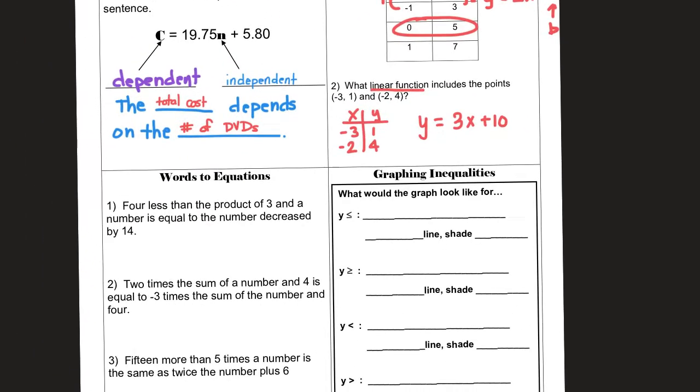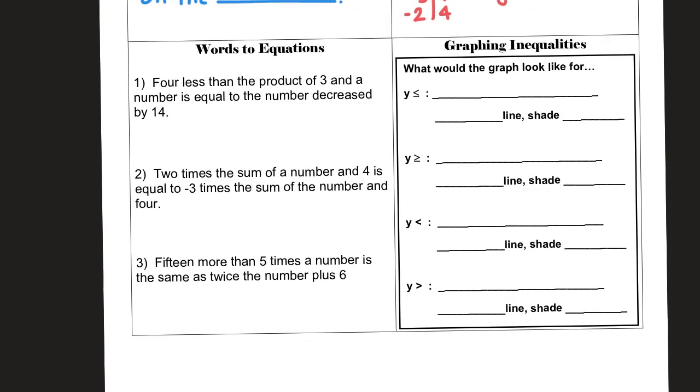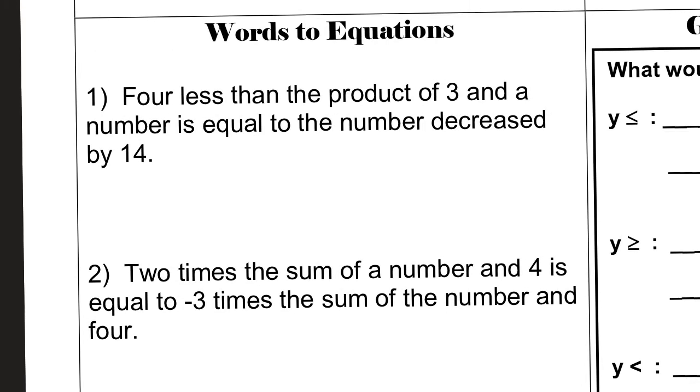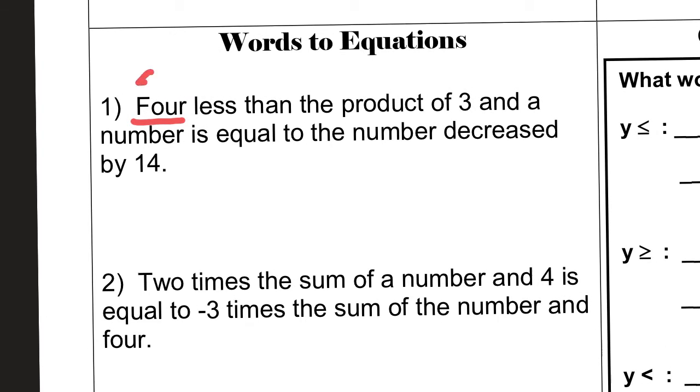One of the most challenging things for students is sometimes making words into equations. So let's look at this. Remember that we'd like you to take it step by step, writing it out in math. So we have 4, less implies subtraction.